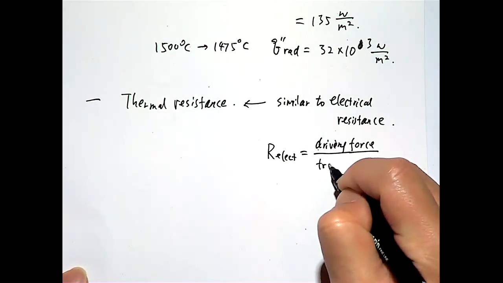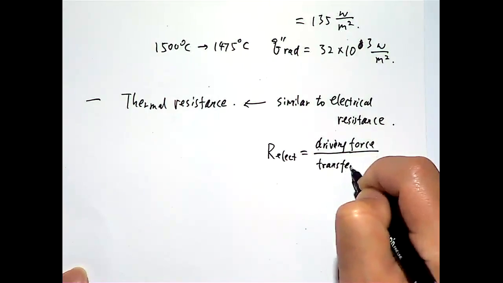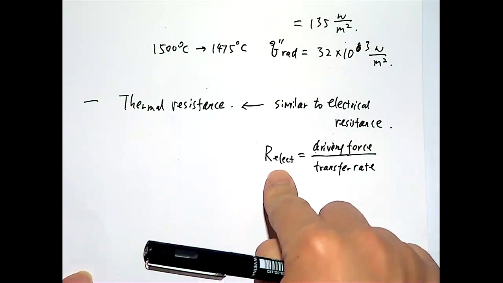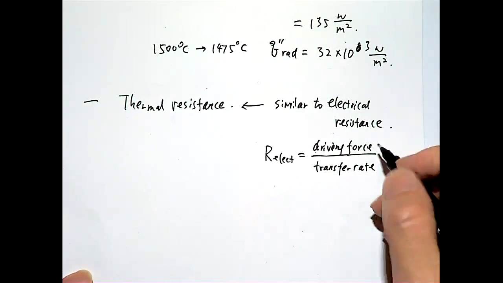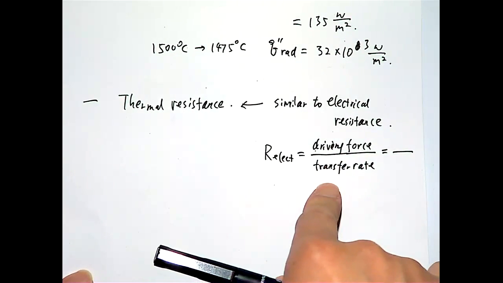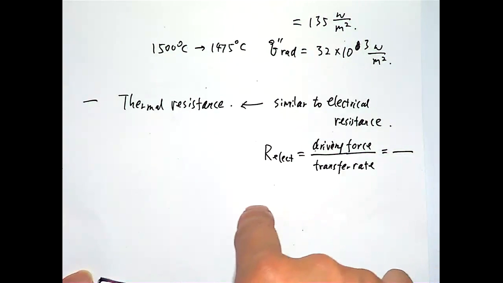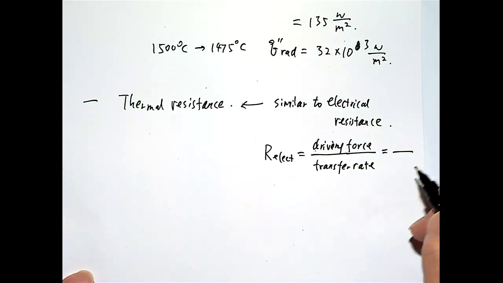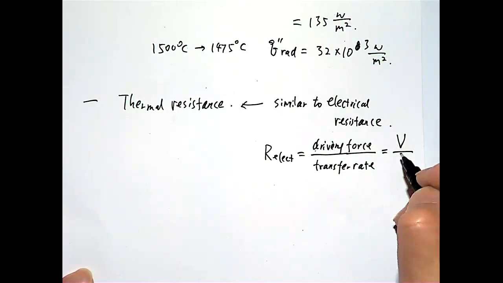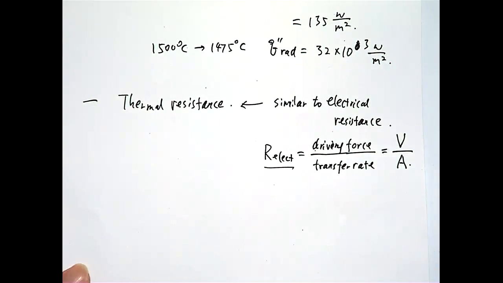So you can consider that as a transfer rate. That's how the electrical resistance is defined, where the driving force is the voltage difference, right? That's driving the electrons to flow. And the actual transfer rate is a current. So that's how the electrical resistance is defined.